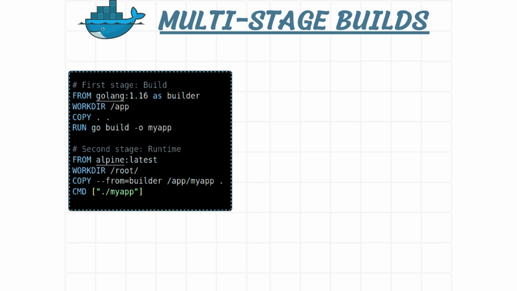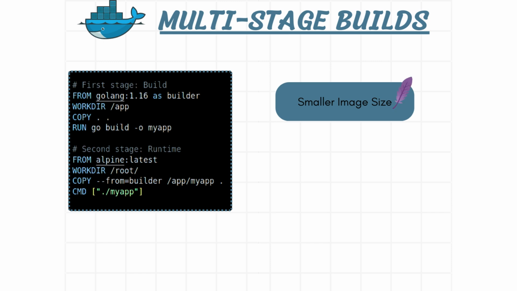Benefits: smaller image size excludes unnecessary build dependencies, creating a smaller, more efficient image. This leads to faster downloads, reduced storage usage, and quicker deployments. Security: a smaller image with fewer components reduces the attack surface, enhancing security.